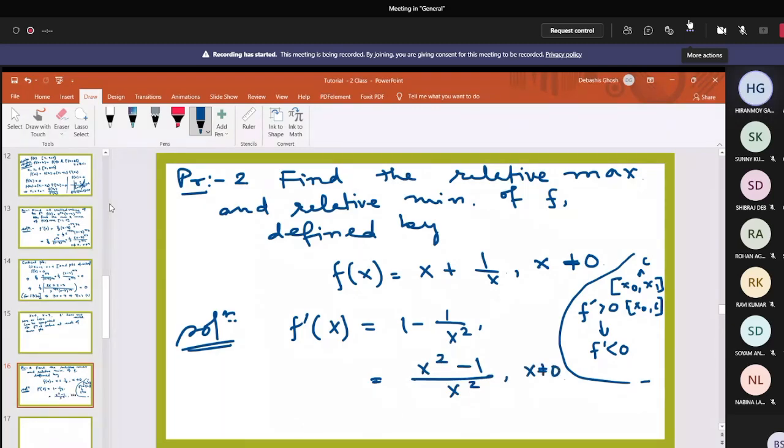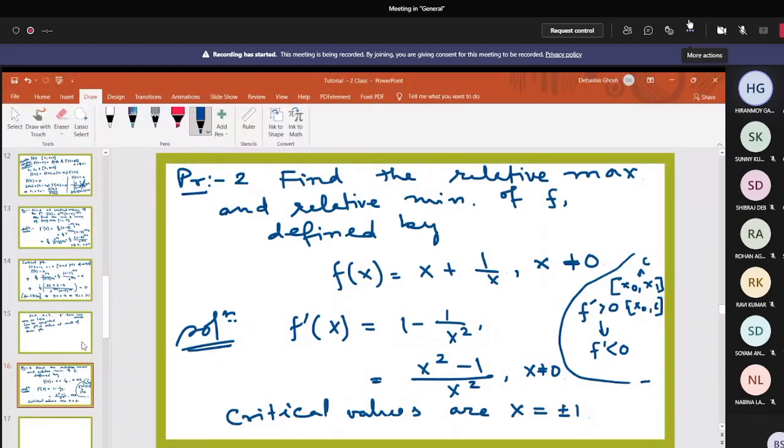So x equals 0 is not a critical value; we are not considering it in this case, because f dash x does not exist. So what are the critical values? The critical values are x equals plus and minus 1.